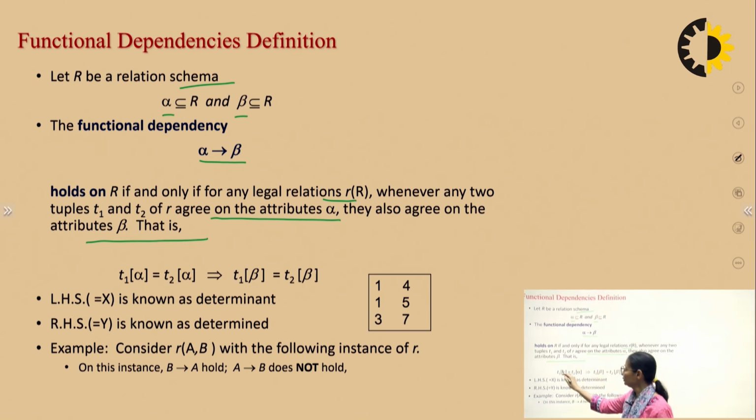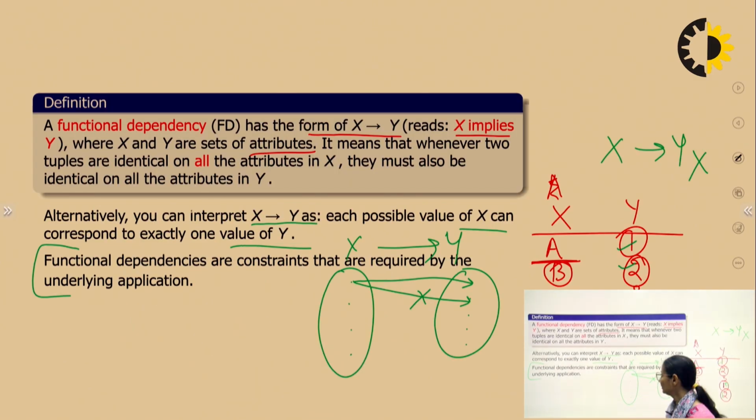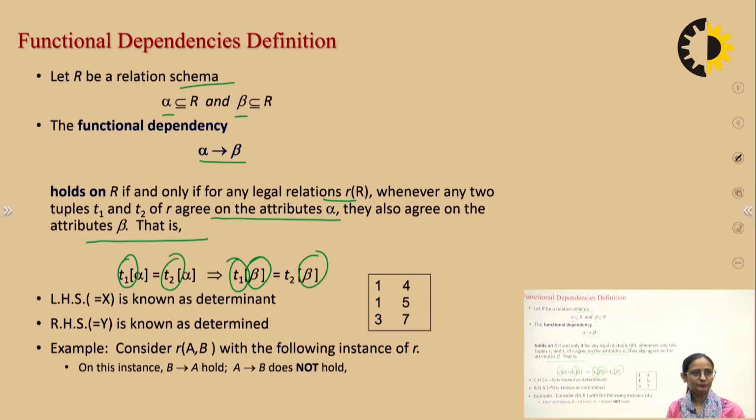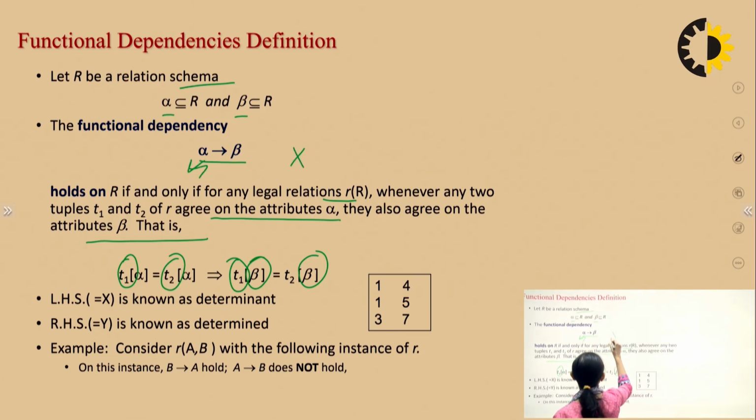That is, if these two tuples are the same in alpha, then their corresponding values in beta should also be the same. Here the left hand side is known as the determinant and the right hand side is known as the determined. That is, alpha in this case becomes my determinant and beta becomes determined.